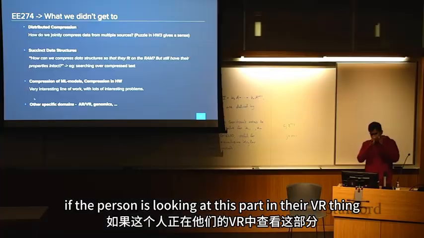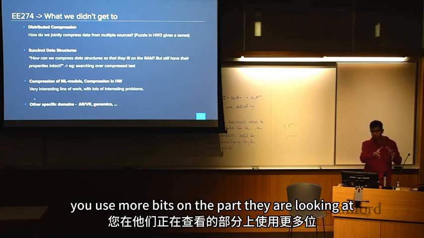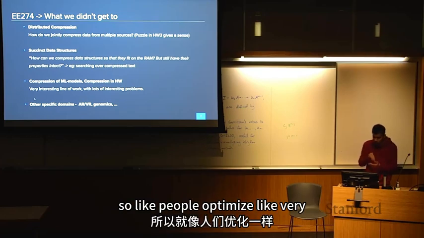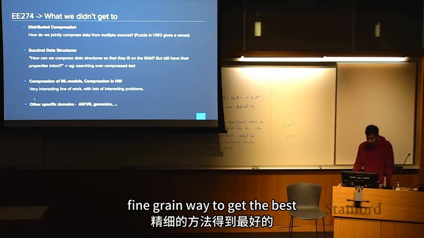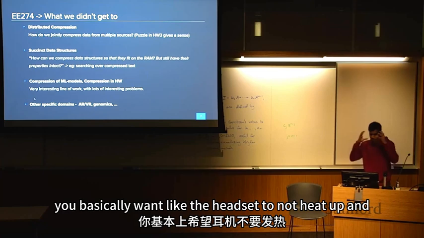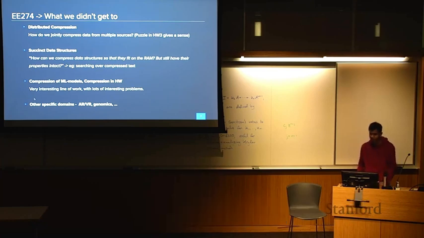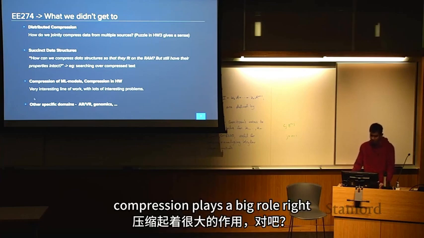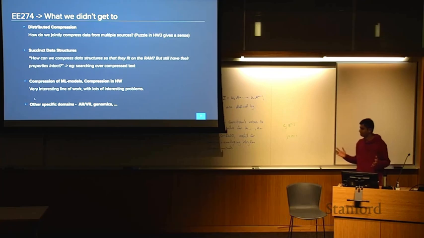If the person is looking at this spot in their VR thing, you use more bits on the part they are looking at and fewer bits for the part they are not looking at. So people optimized in a very fine-grained way to get the best. Basically, you want the headset to not heat up and the wires to not be super thick and so on, right? So compression plays a big role.